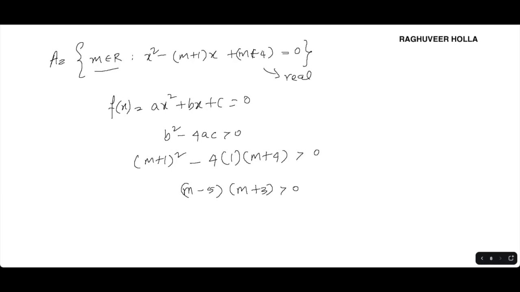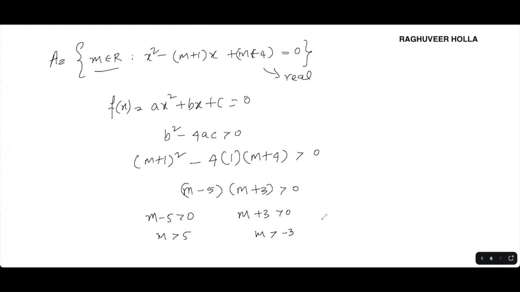So further, looking into this, m minus 5 greater than 0 and m plus 3 greater than 0, or m is greater than 5 and m is greater than minus 3.